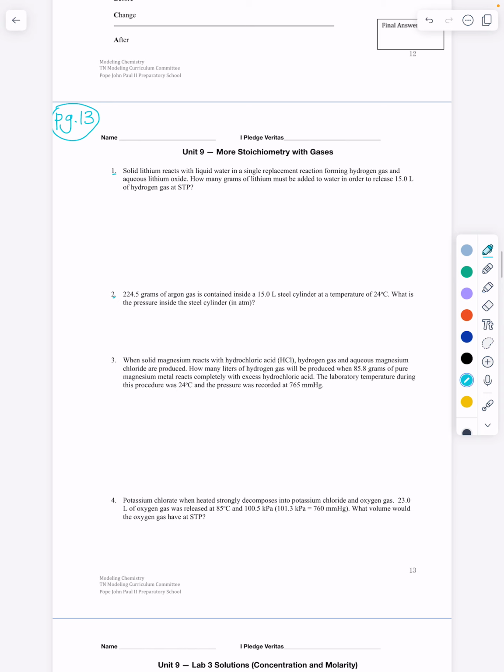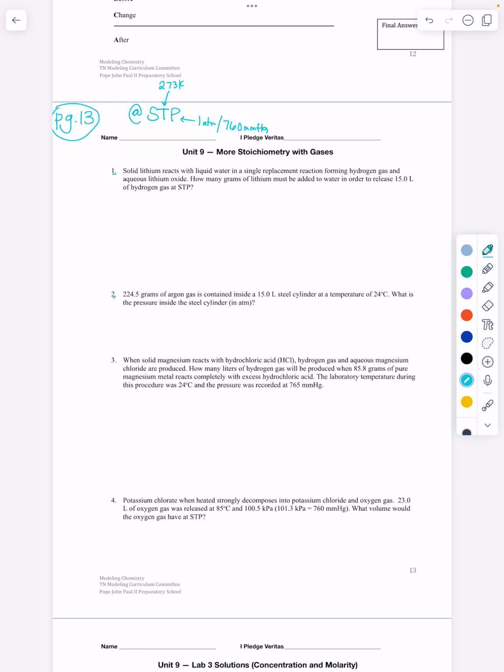So just to review, we learned in our lab that at standard temperature and pressure, which on the back of your periodic table, you can look and it will say standard temperature and pressure. What does that mean? That means 273 Kelvin, not degrees Celsius, but with all of these, we're working with Kelvin. And pressure, which is 1 atmosphere or 760 millimeters of mercury.